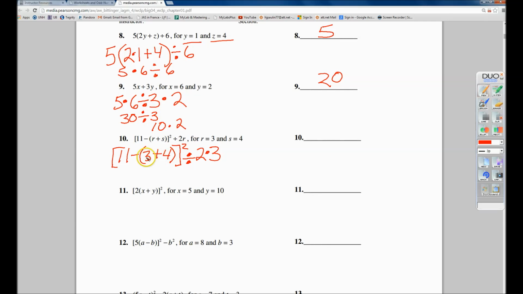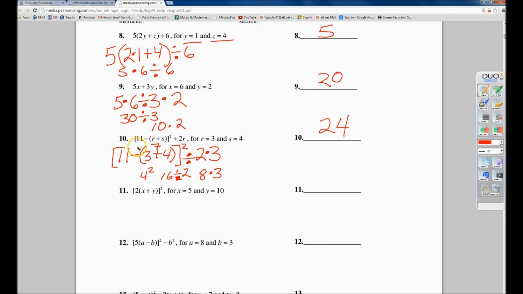So inside the parentheses here, this becomes a 7. And we're going to say a negative 7. So 11 minus 7 is 4. 4 squared is going to be 16 divided by 2 will be 8 times 3 is going to be 24.